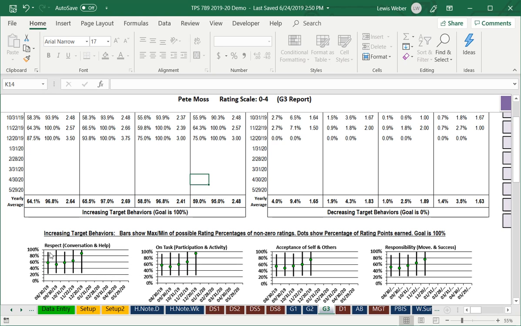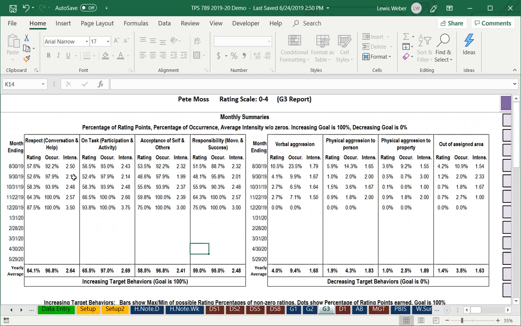Now, in prior versions, that was expressed as a percentage. When the dot would go to the top of this bar, the third column here of intensity would be expressed as 100%. To make this table more useful, the intensity was recalculated to be an average of the non-zero values. So it ranges from 0 to 4.